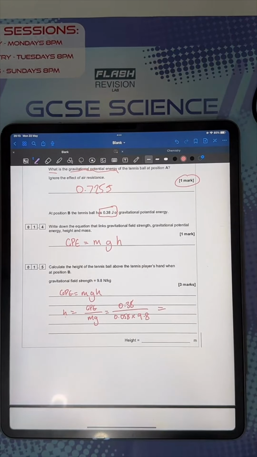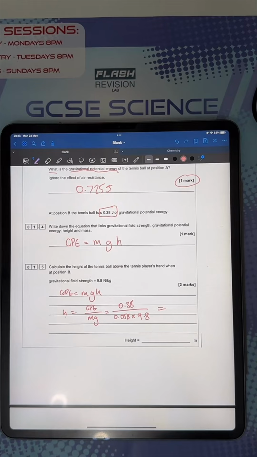Can anyone tell me the answer? 0.6 recurring. Yes, 0.6 recurring.